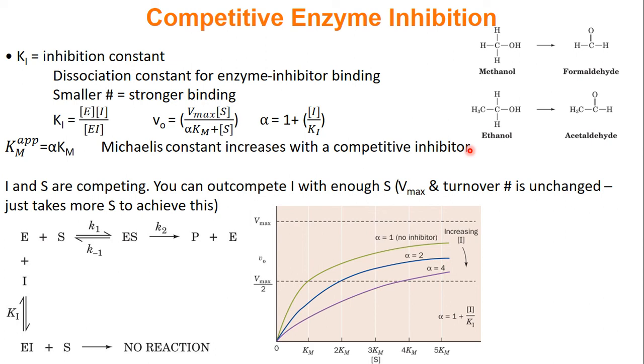However, since you are competing for that site, you do need to add more substrate to get to 1/2 your maximum speed. And remember, Km, the Michaelis constant, is how much substrate you need to add to get to 1/2 your maximum speed. So you just need to add more of it, therefore the Michaelis constant increases.